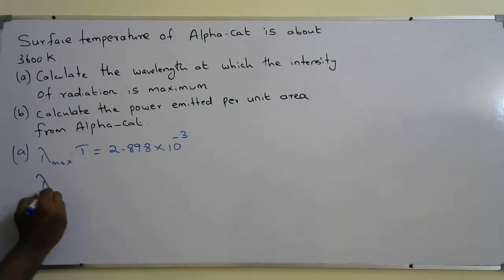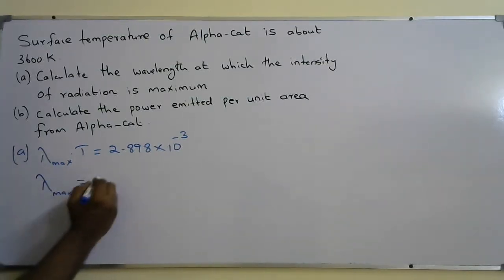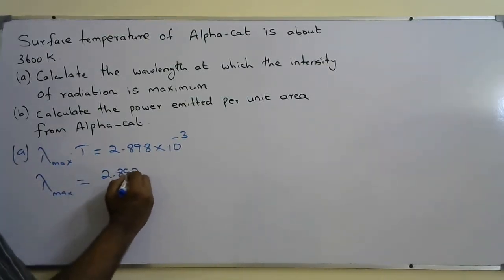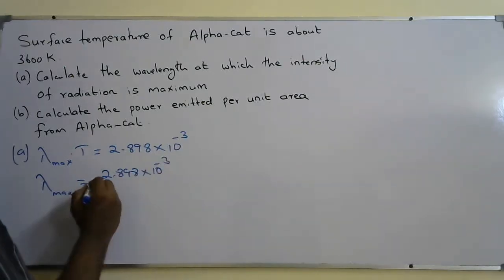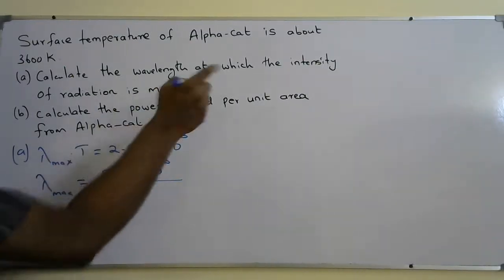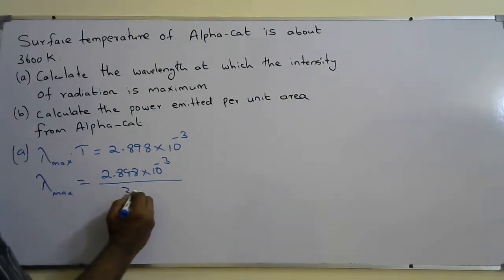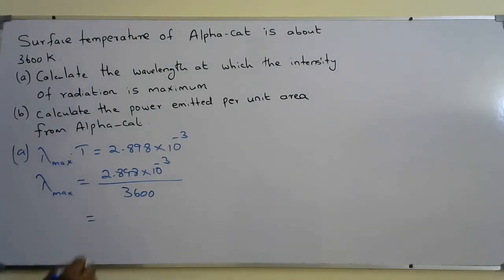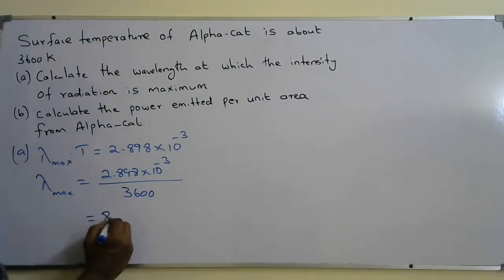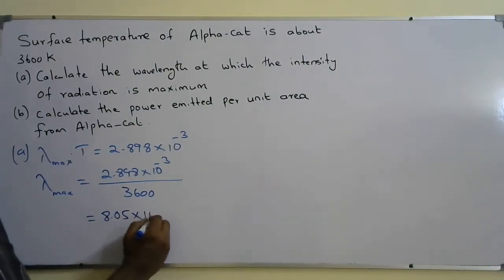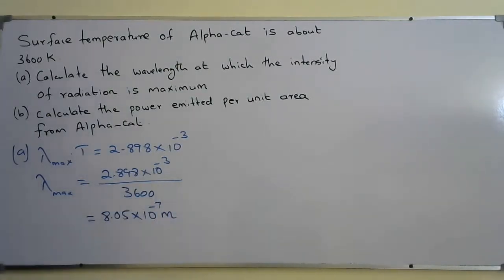So lambda max is 2.898 × 10^-3 divided by the temperature, 3600 Kelvin. The peak wavelength, the wavelength corresponding to the peak luminosity, will be equal to 8.05 × 10^-7 meter.